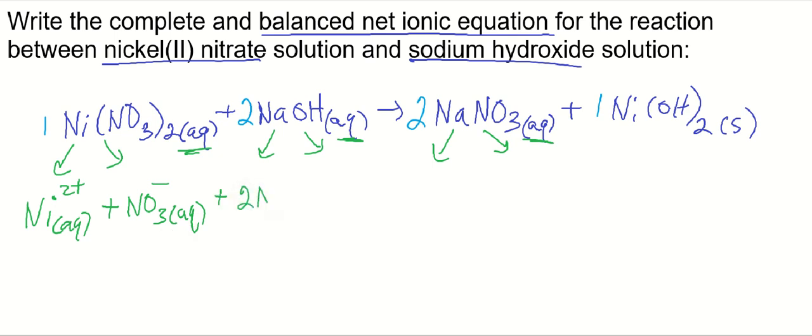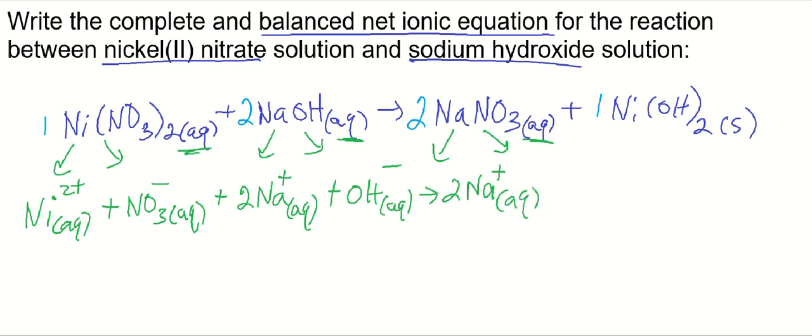Got 2 moles of sodium ions in solution. Not necessarily 2 moles, but the ratios are 2 to 2, and the other ones have 1 mole. Hydroxides, 1 negative charge, aq. Sodium.